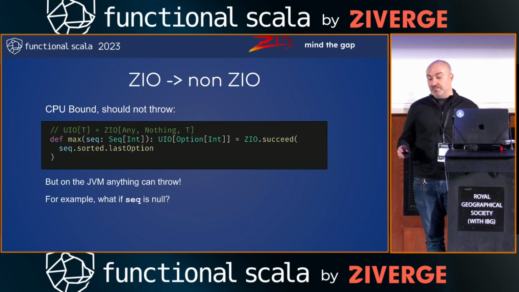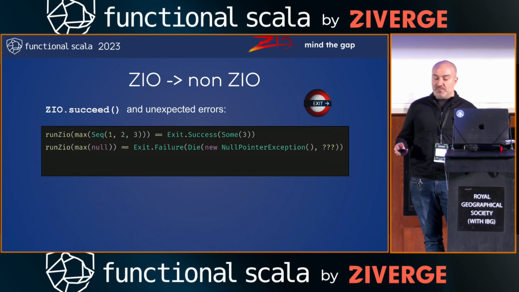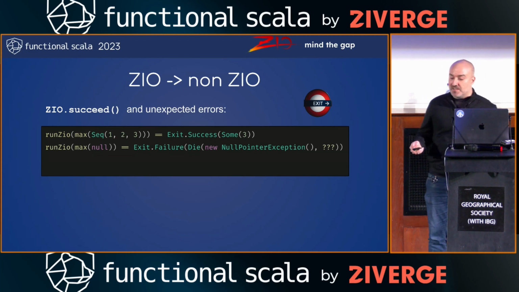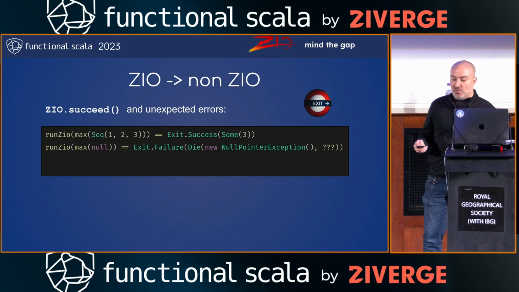But actually it still can fail. Anything can fail in the JVM. For example, someone could pass a null into this max method. What will happen then is that the error will be wrapped in this Die case class, and this is always a Throwable.